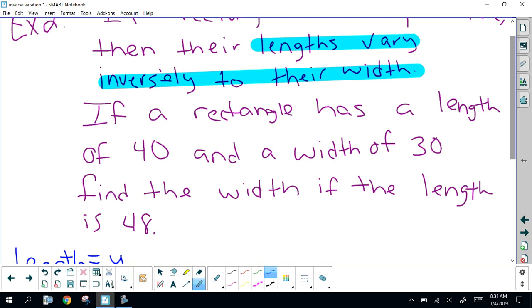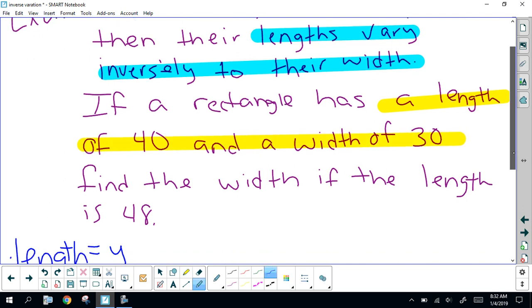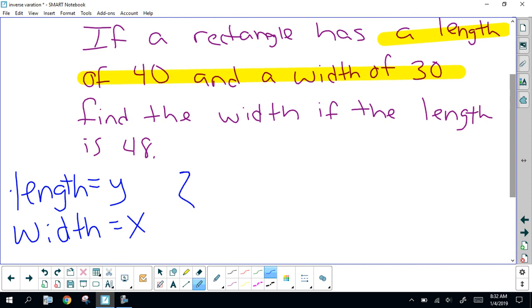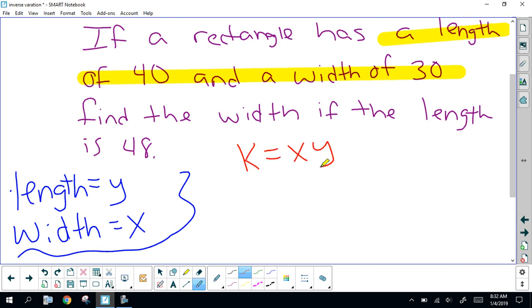Okay, so we need to know these when we're doing our rule. Next, it's saying if a rectangle has a length of 40 and a width of 30, find the width if the length is 48. So this is our given part. They just gave me this. We have a length of 40 and a width of 30. So we've got to use the given part to find our k. K equals xy, or xy equals k, same thing.